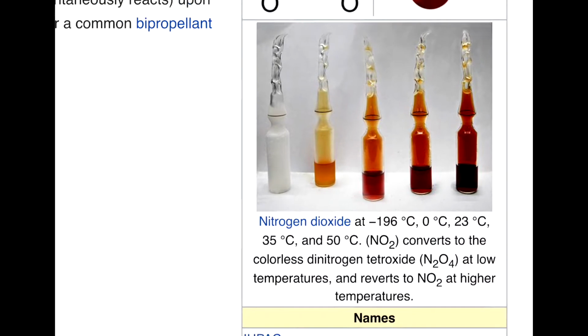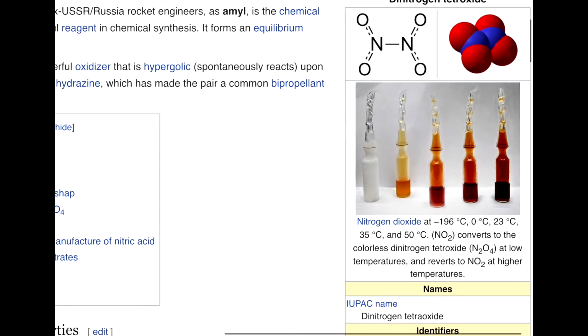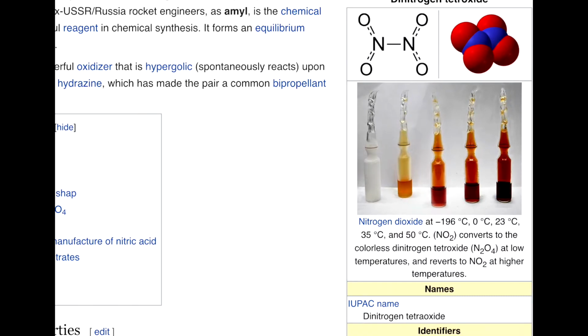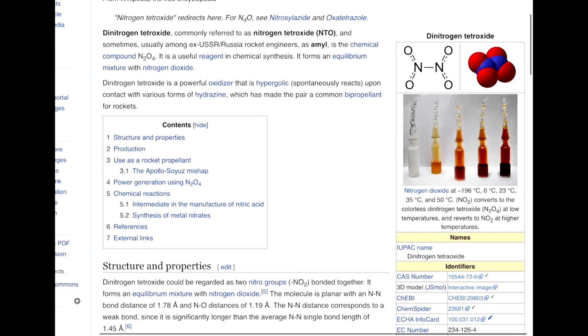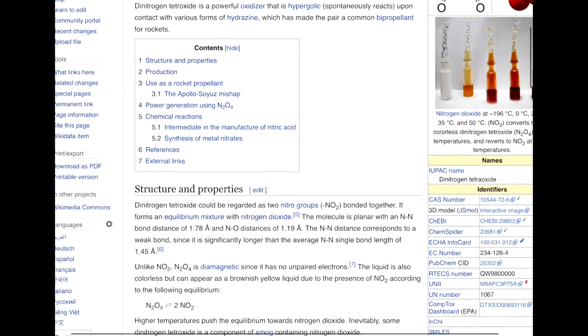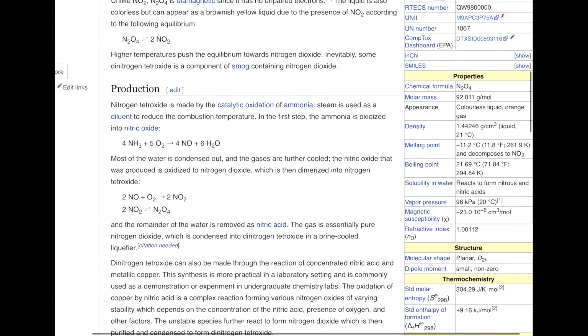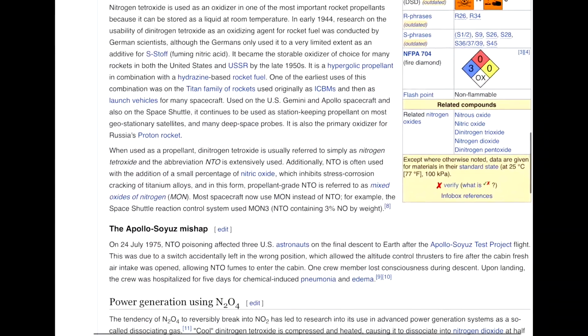So the reason why there are different colors is because we're actually forming different species. This dinitrogen tetroxide can actually split apart into NO2. And so that's why when I'm referring to the gas in this particular reaction, I'm just saying nitrogen oxide gases.